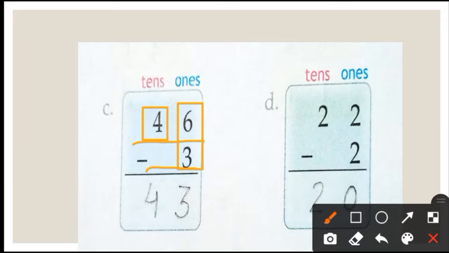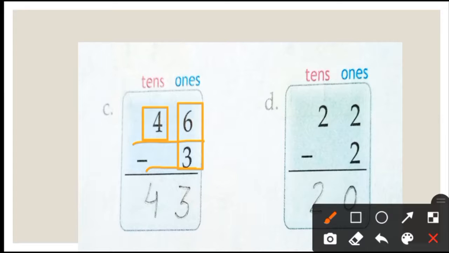We will count 6 first. 1, 2, 3, 4, 5 and 6. Now we will count back 3 numbers. 5, 4 and 3. When we subtract 3 from 6, our answer is 3.